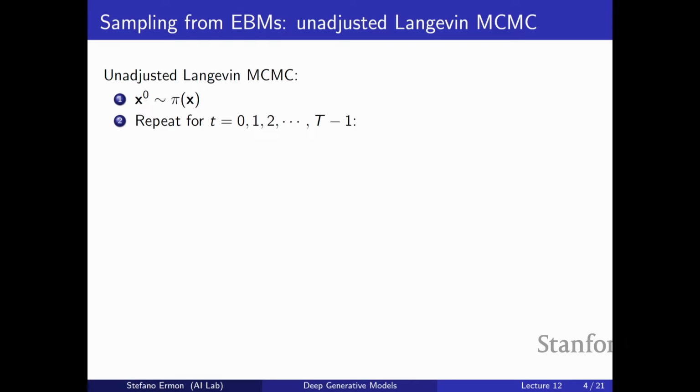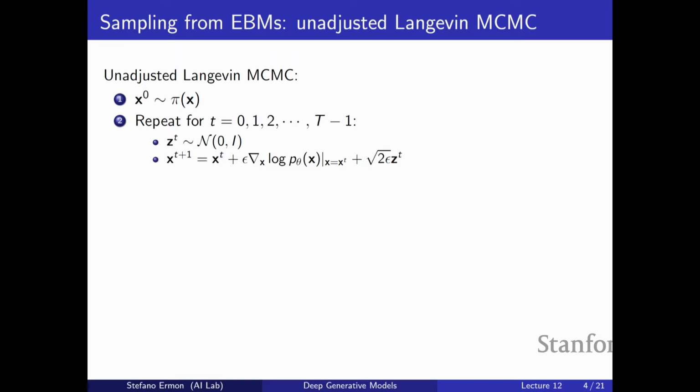It's still an iterative procedure where you're trying to locally change your sample into something better. But the way you do it is by trying to go in a direction that should increase the probability of your sample.